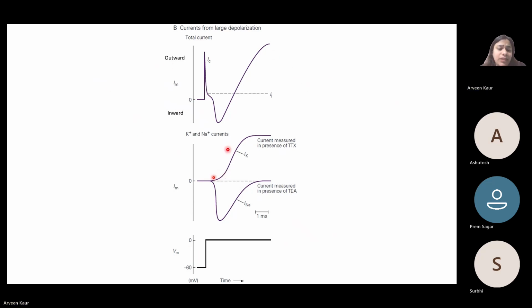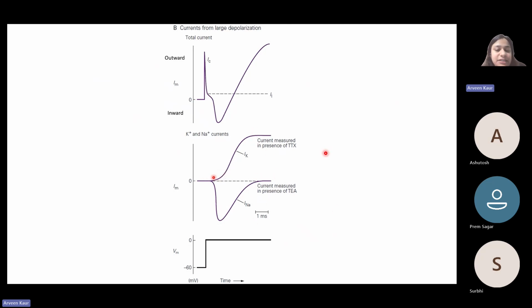When the sodium or potassium channels were blocked and the current was measured, what was seen was that in the presence of TEA, when potassium currents are dropped, basically this kind of a peak is seen. So this is a peak only for the sodium, right? Because potassium is blocked over here.